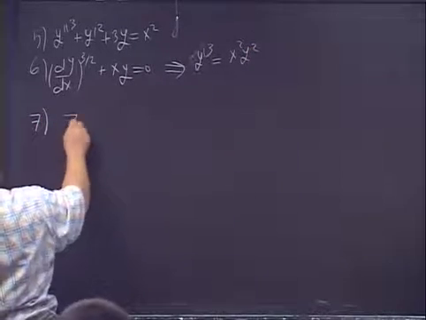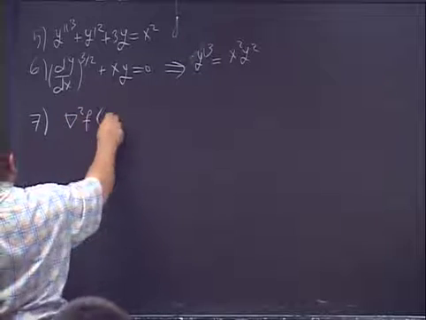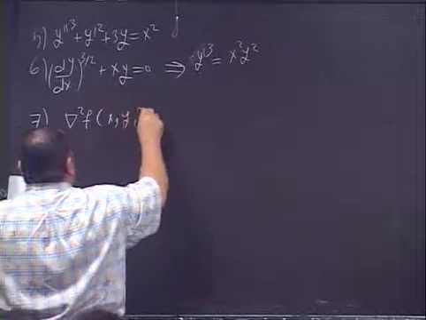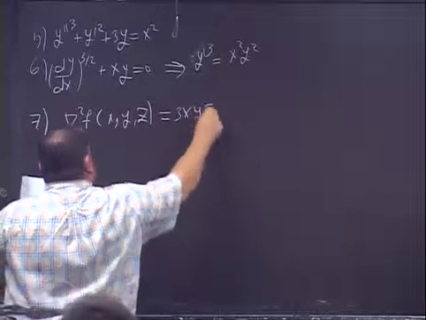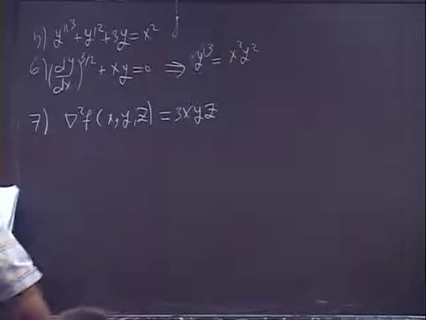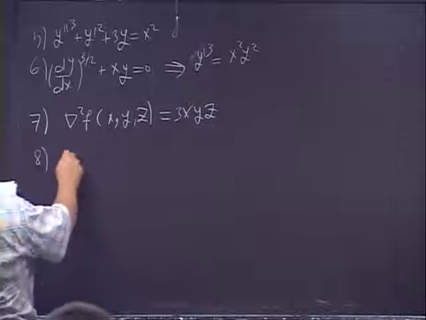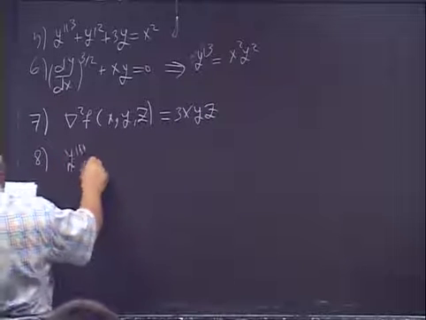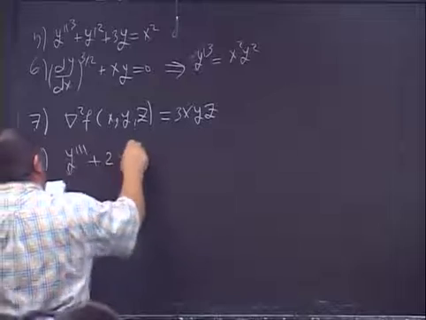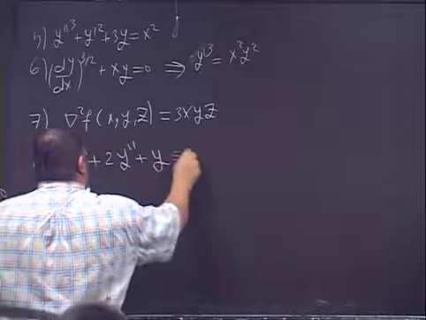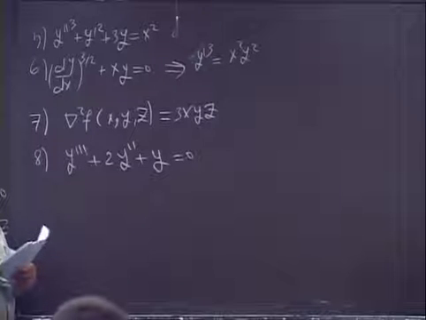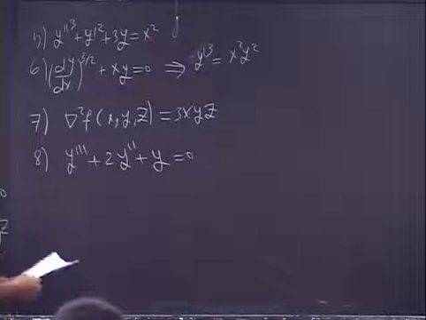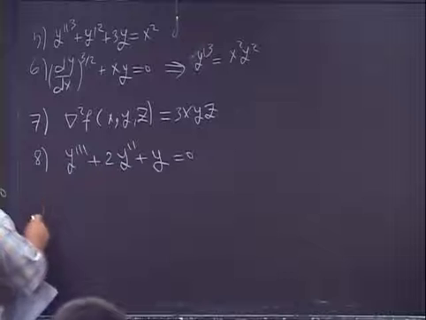Number 7 is nabla squared f of x, y, and z is equal to 3xyz. And finally, number 8 is y triple prime plus 2y prime plus y equal to 0. Triple prime means the third derivative.